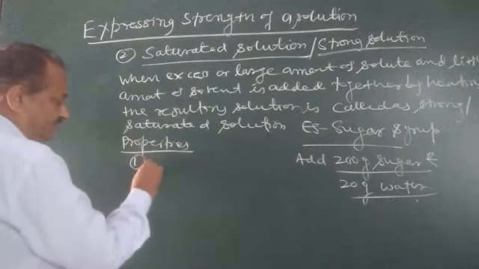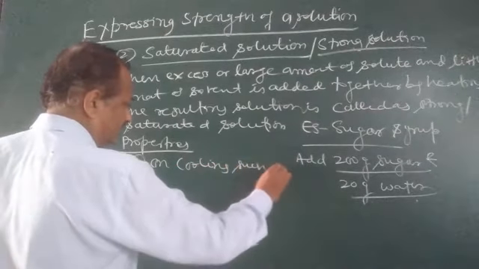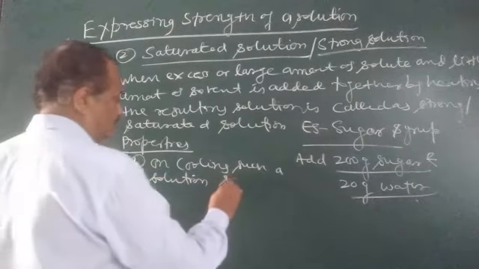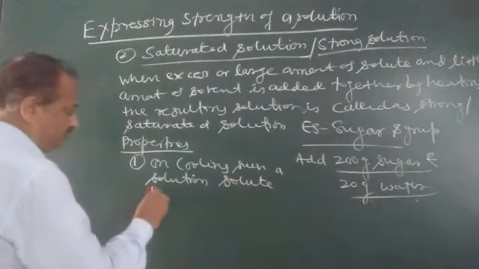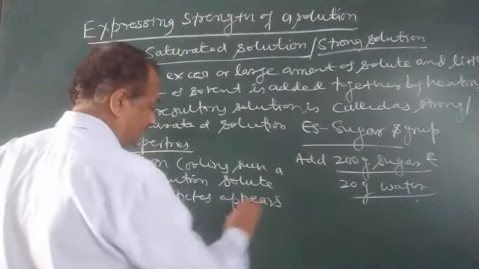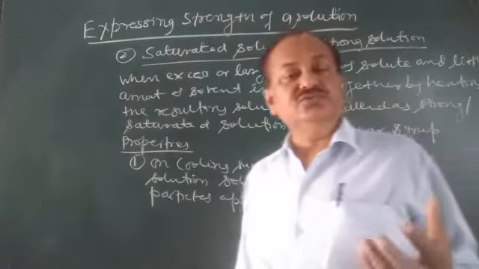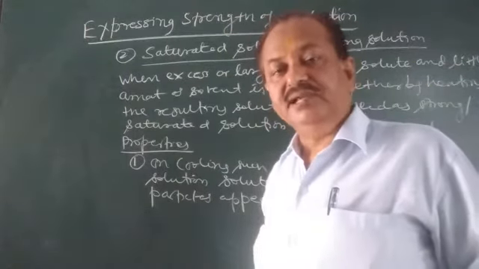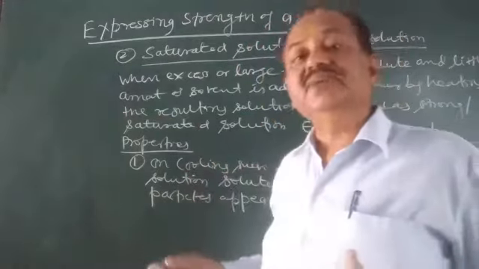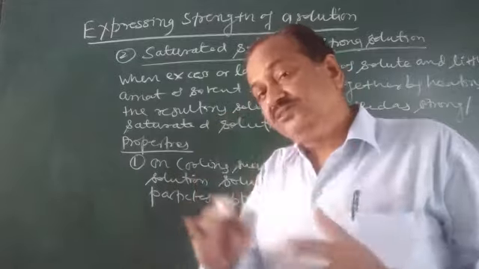The first property: on cooling such a solution, solute particles appear. You all know this. When we prepare sweets like rasgulla or gulab jamun, or buy them from the market, when it is hot, the sugar syrup completely surrounds the sweet. But when it cools down, the particles of sugar appear.